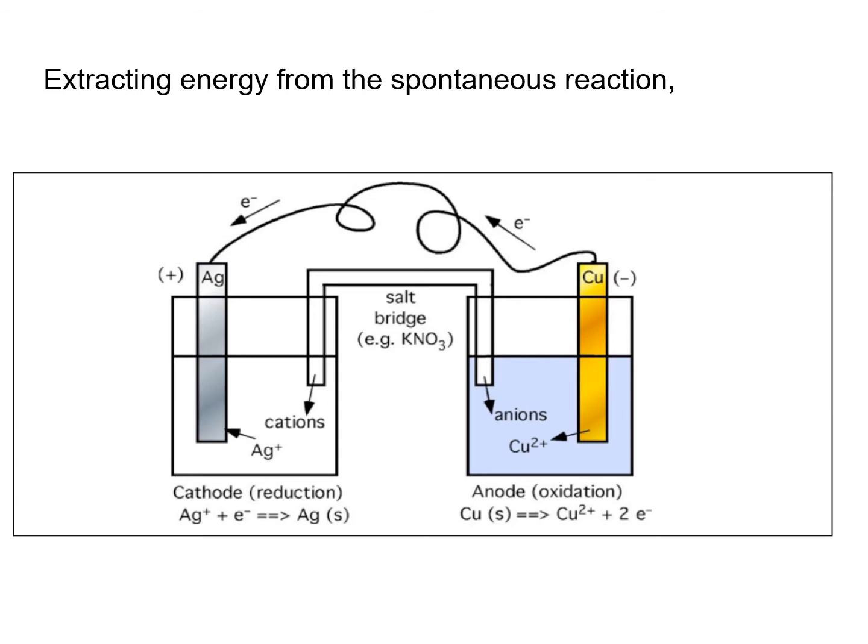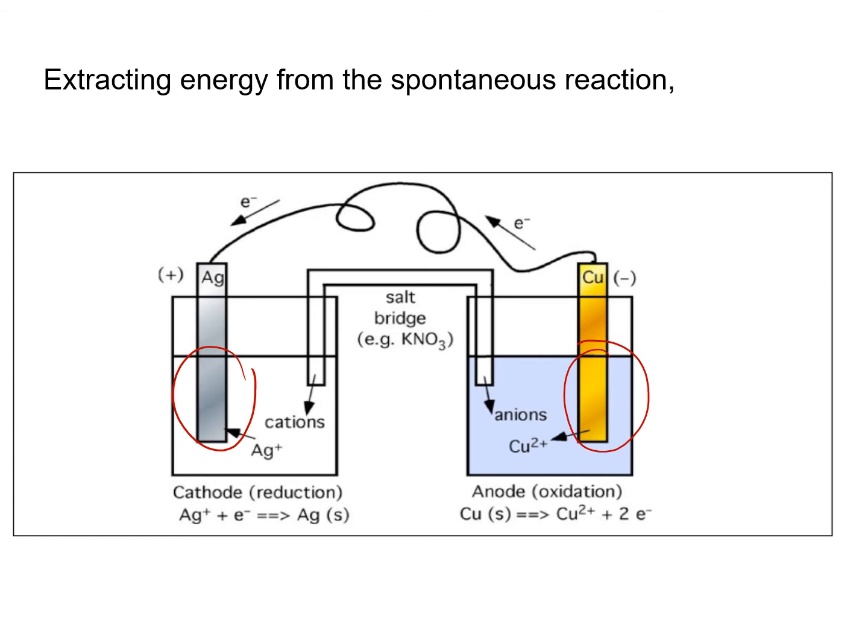This is our anode, and this is our cathode. Usually again the anode is on the left when the electrochemical cell is drawn. Our anode is where oxidation takes place, and our cathode is where reduction takes place.